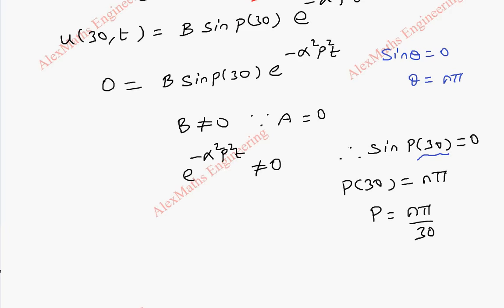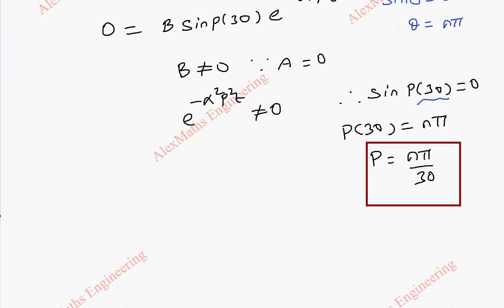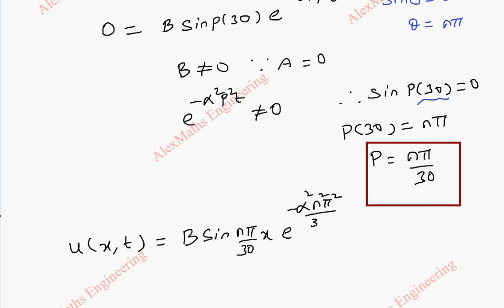So this n pi by 30 we are going to substitute in our solution. So u of x comma t will become b sin px, that is n pi by 30 x, e power minus alpha square p square, which is n square pi square by 30 square, into t.